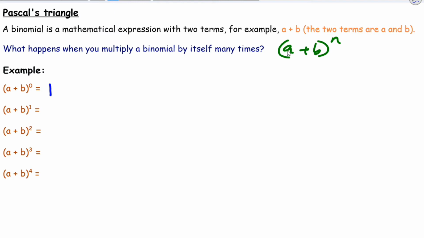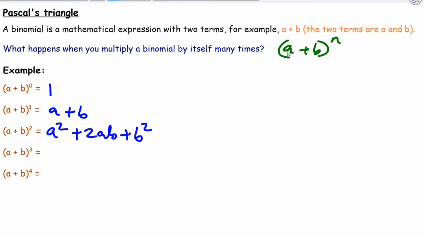How about when n is equal to 1? Then (a + b)^1 is just a + b. How about (a + b) squared? We know that (a + b)^2 is equal to a² + 2ab + b².